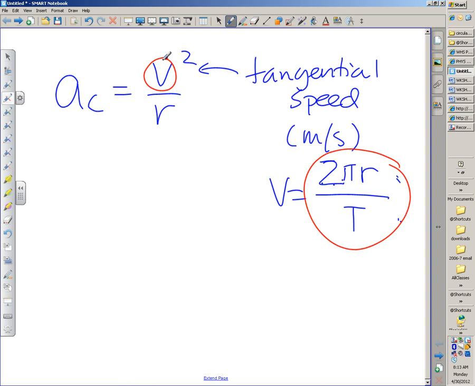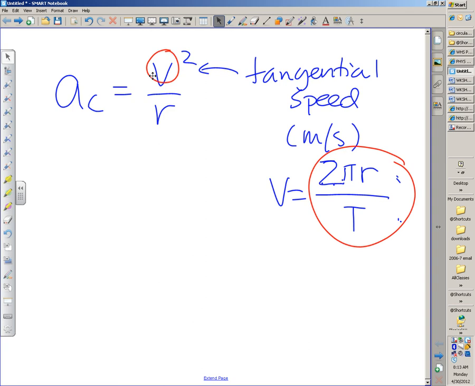Well, if you're calculating, 5 would go in for v. V gets squared in this formula. You should get a number when you do that calculation. Then that number can go in for this v, and then you just square it. And then r, when we're talking about circular things, is just going to be what? The radius.